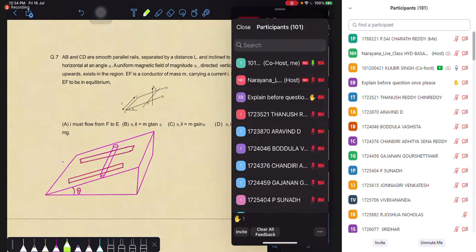Somehow, let's say a battery is connected here and current is passing through them. The current is coming, and here is the conductor, so the current makes a closed loop in this way. Now these are fixed, but this rod is placed on them and can slip in the downward direction. This is our picture. I hope you can see the picture clearly, right?